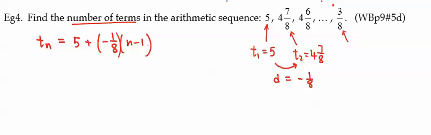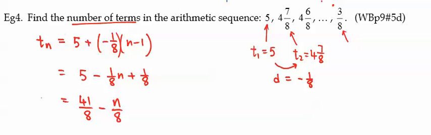We will still want to simplify it. So 5 minus 1/8 of n plus 1/8, as you open up the bracket, we will end up with 41 over 8 minus n over 8.